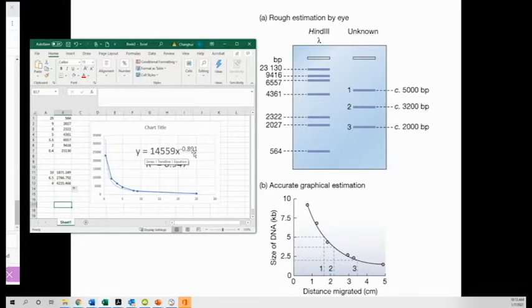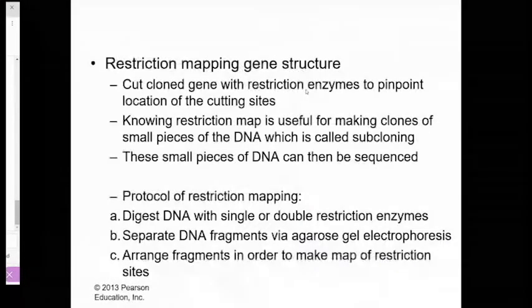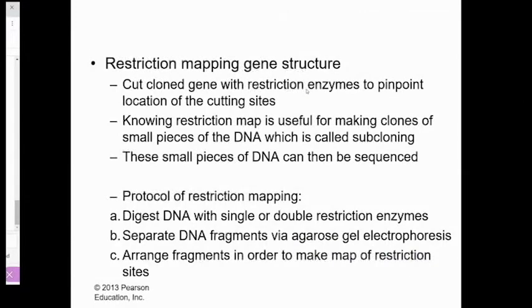So that's one application of a restriction enzyme, which you can use to predict the DNA size. That's what I just demonstrated. Now let's continue with restriction mapping of the gene structure.